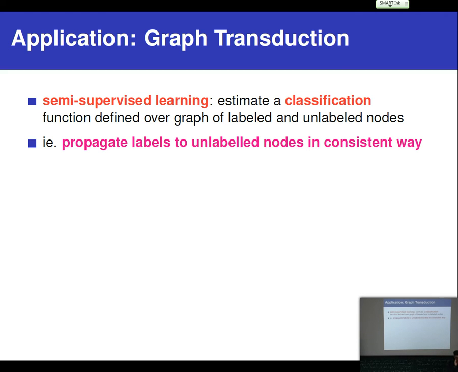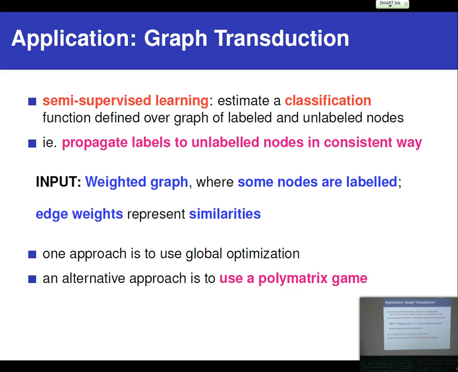Our goal is to propagate the labels to unlabeled nodes in a consistent way, and the information we're given to decide what is a good way to do this is weights, where edge weights represent similarities between the two nodes. So one approach is to use global optimization, and there's a bunch of ICML, NIPS type papers that do graph Laplacian regularization and various other global approaches.